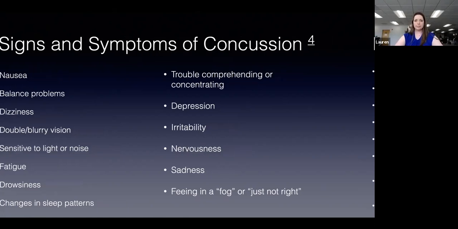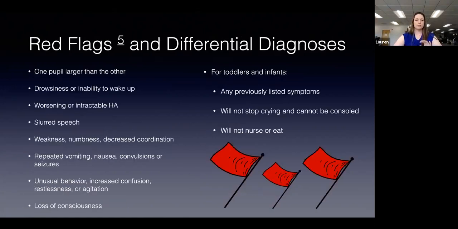So red flags, and dipping into that differential diagnosis. This list is per the CDC for red flags following a concussion. Some of these are more specific to if you were treating on the sideline immediately after a concussion happened, so not all of them are directly applicable to an outpatient setting, but still things to keep in mind.